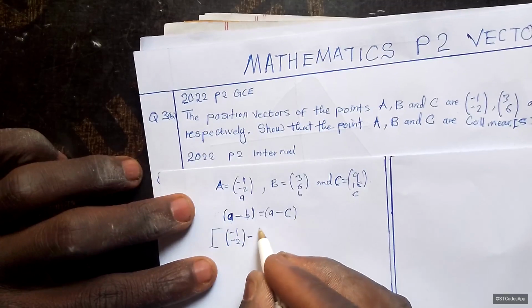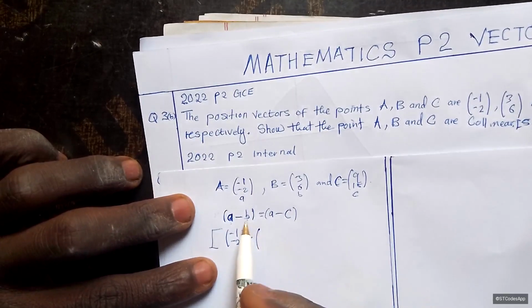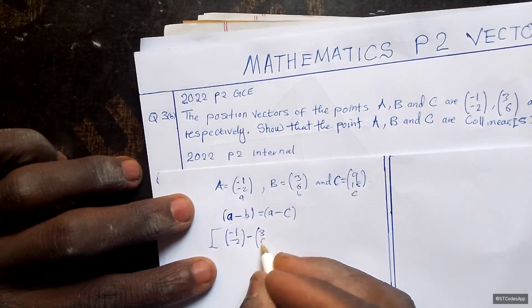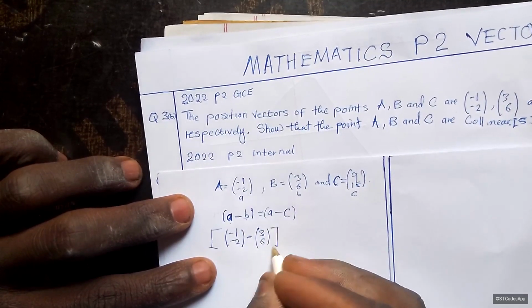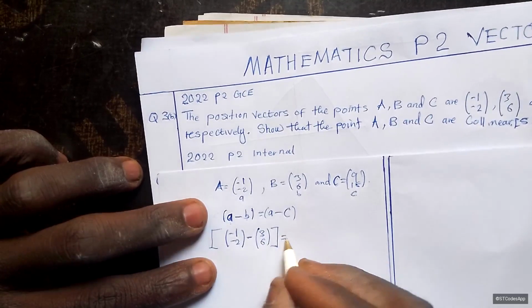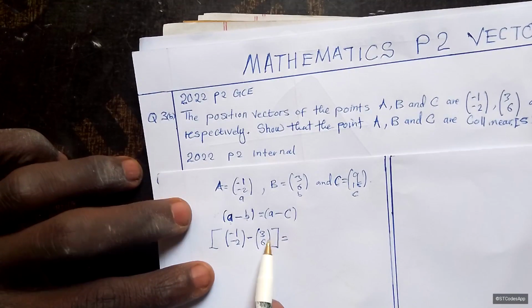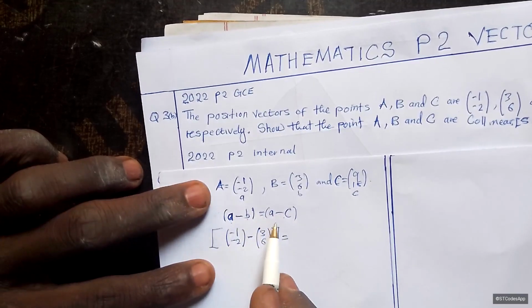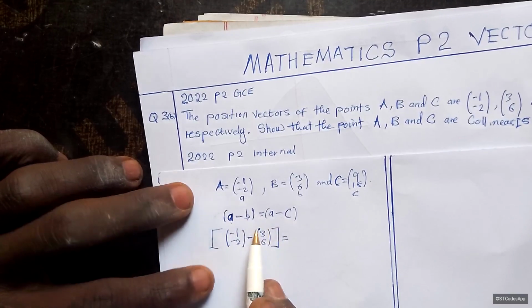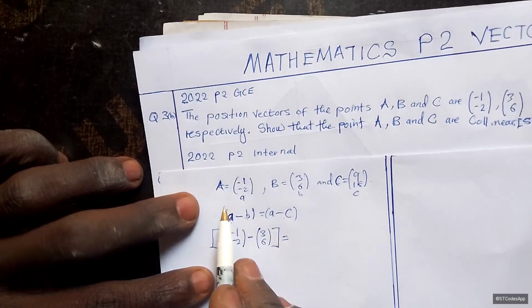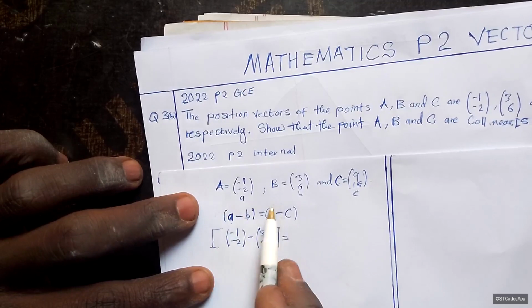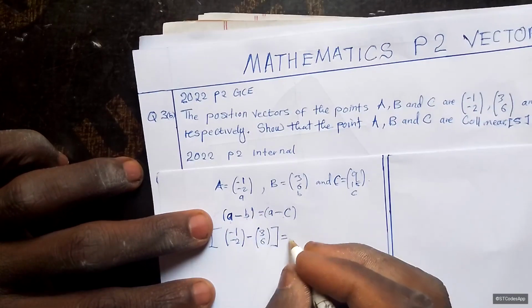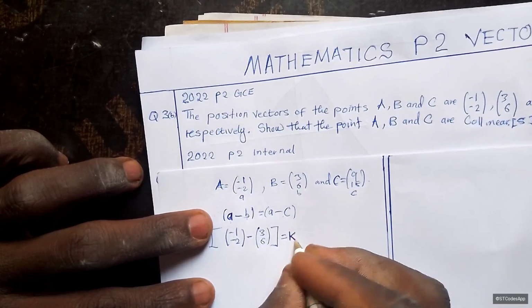My vector B is (3, 6), close square bracket, is equal to. For us to prove that this side and this one are collinear, I need to introduce a variable at one side. So let me introduce the variable k on this side.